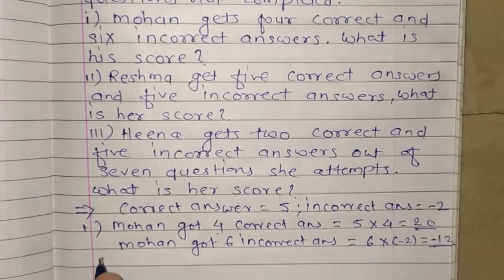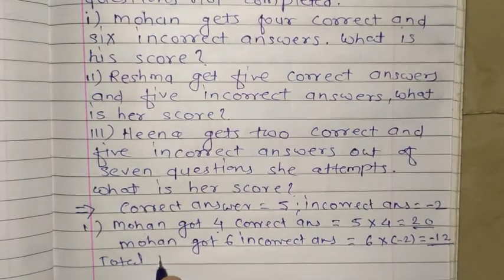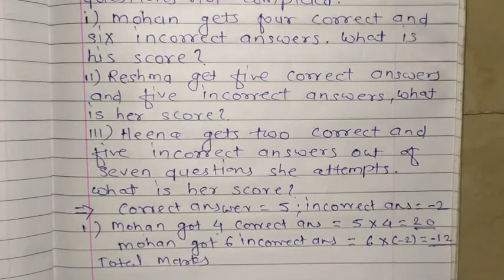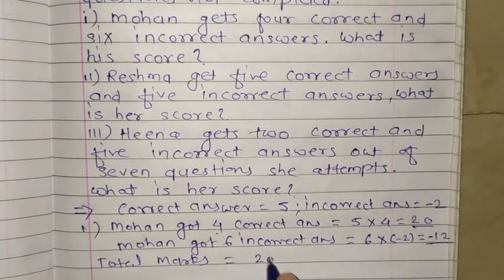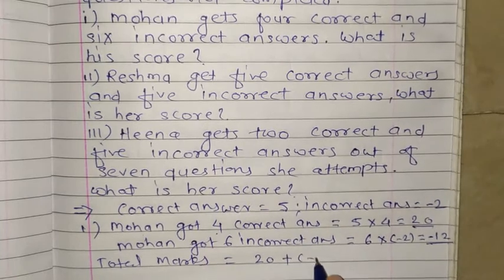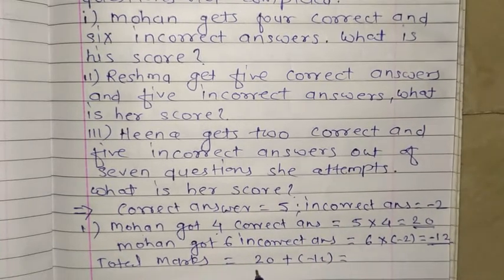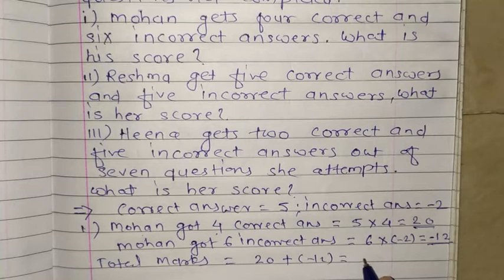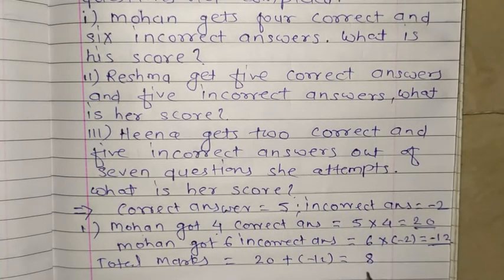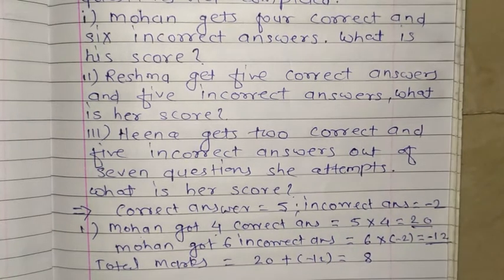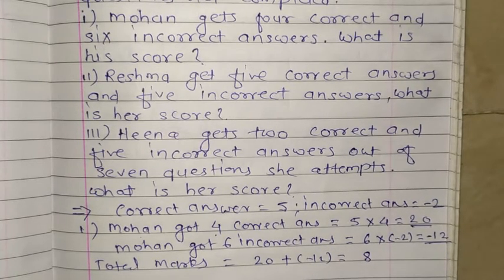So you can write total marks. Total marks we will simply do addition. So correct mark is 20 and incorrect is -12. So finally 20 minus 12 is nothing but 8, with the sign of the bigger number. So our answer is 8. Mohan's score is 8 marks.